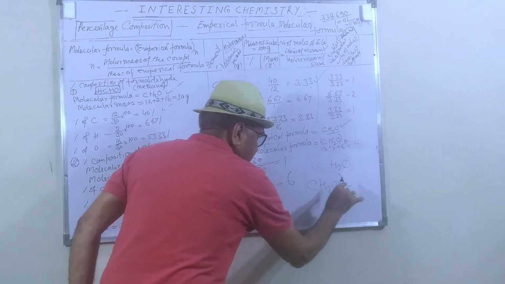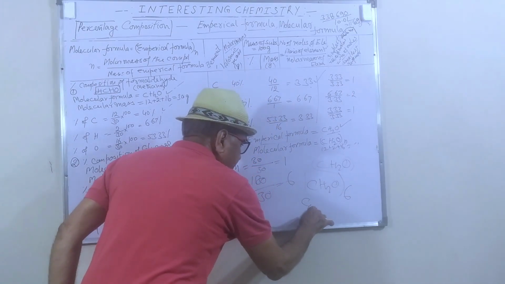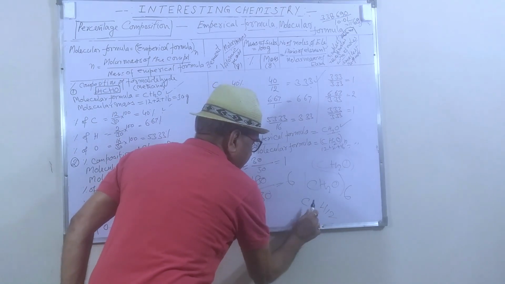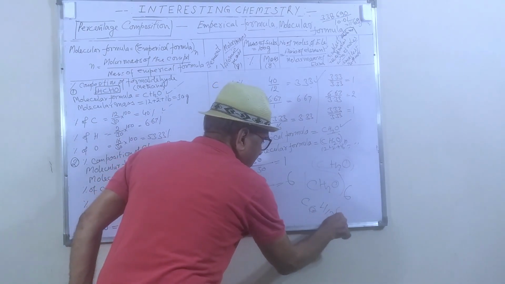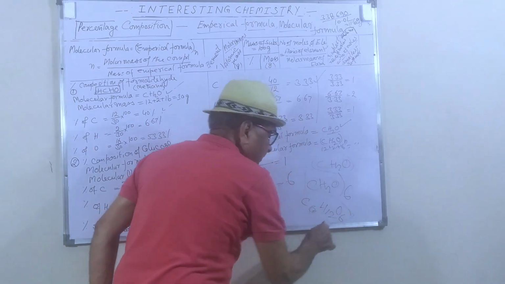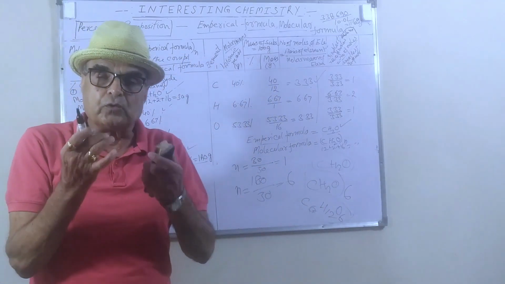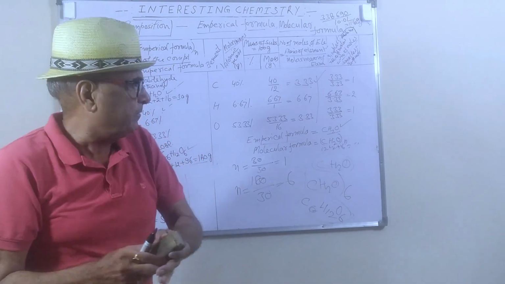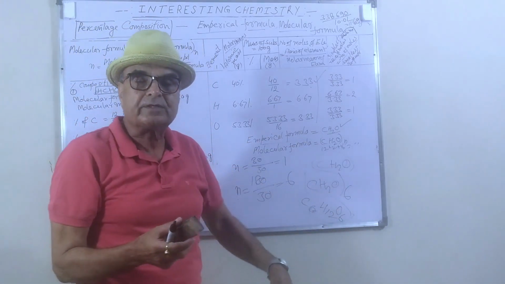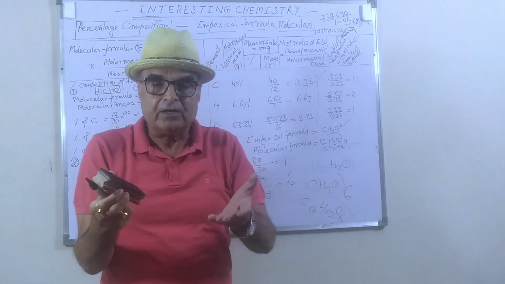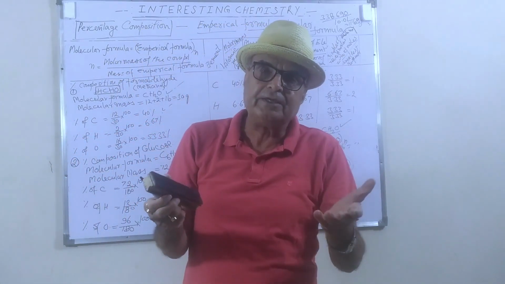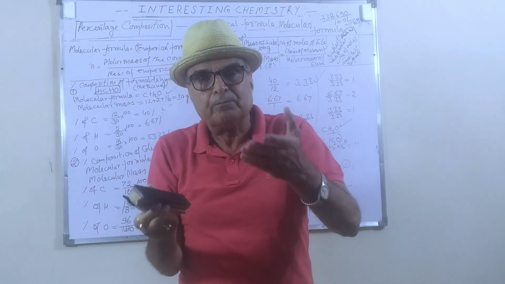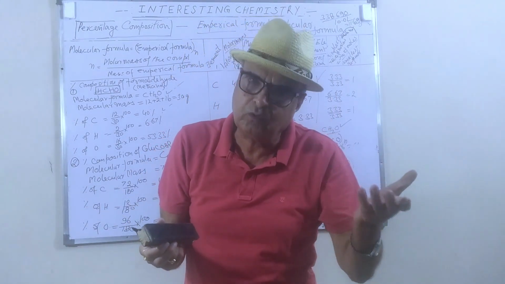So multiplied by 6, the formula will be C6H12O6. This is the formula. In this way, you can get the molecular formula by multiplying with this N constant. You get this N constant by dividing the molecular mass with the mass of the empirical formula.